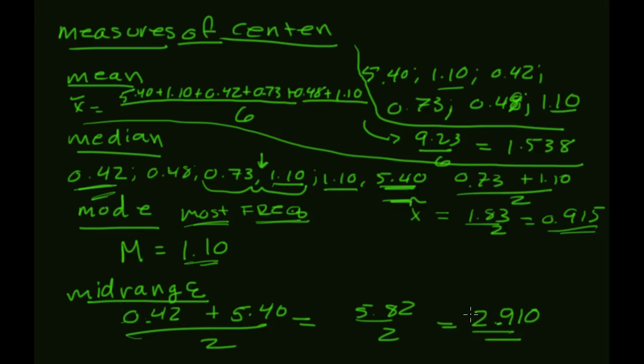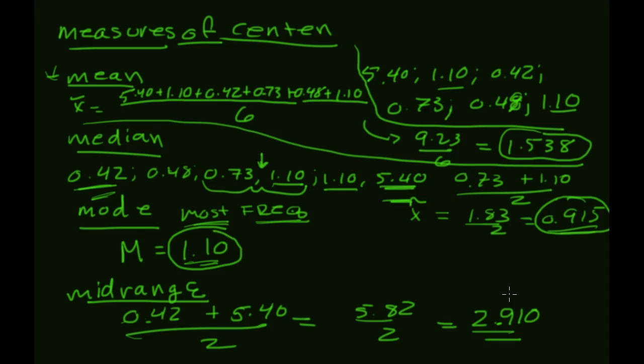Okay, so 4 different ways of finding a center. The mean, which is just the average, came out as 1.538. The median, which is the middle number, came out as 0.915. The mode, which is the most frequent number in the set, is 1.10.